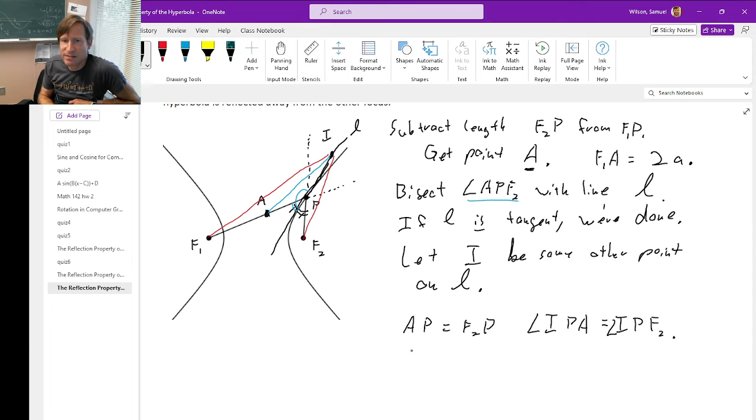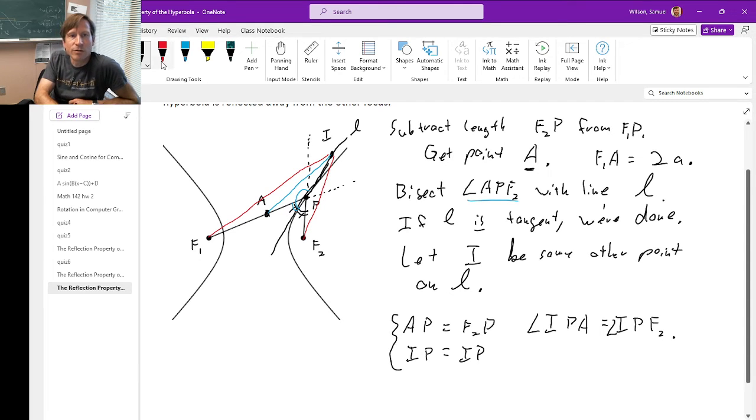Last thing to notice is that the length from I to P is equal to the length from I to P. That's obvious because that's the same length. But if you look at these three pieces, right, now we have AP equal to F2P, we have this angle equal to that angle, and we have IP equal to IP.